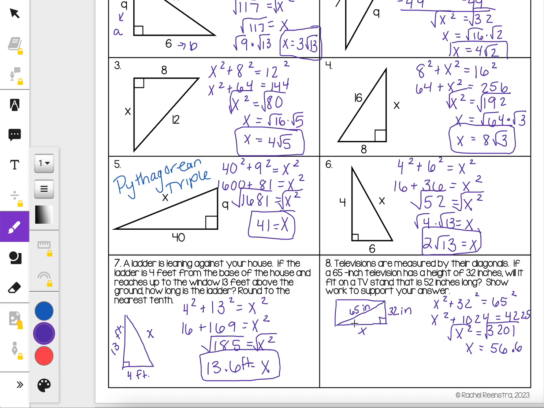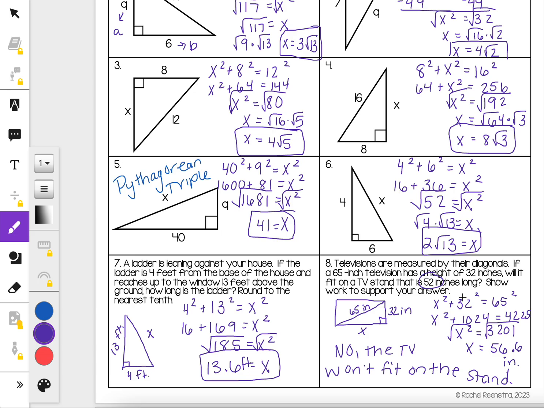So that means the width of this TV is 56.6 inches long. If the TV stand is only 52 inches long, then no, it will not fit. So we can say no, the TV won't fit on the stand. So we answered the question and we showed some work to support our answer.